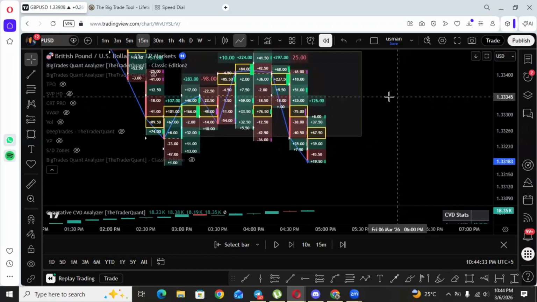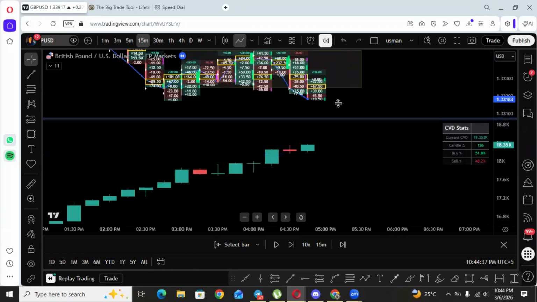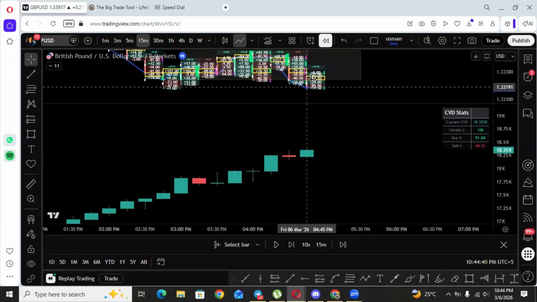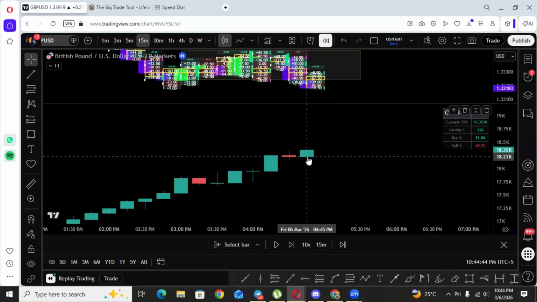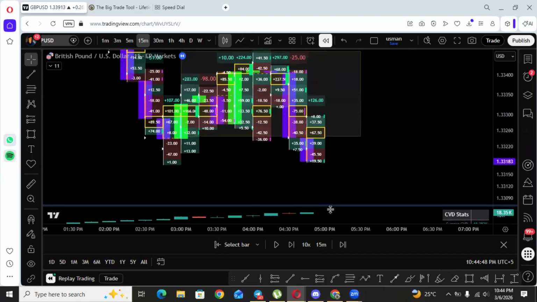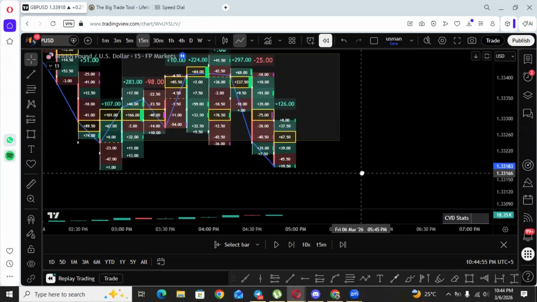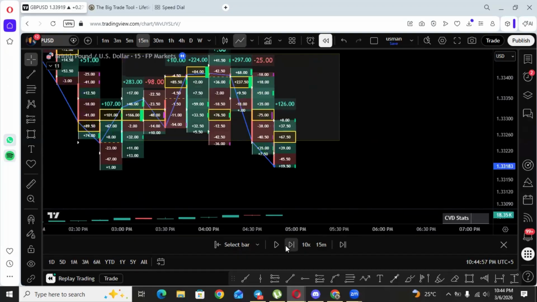Let's see if we got any confirmation to enter. From here, we are getting confirmation that in this sell candle, we have buying aggression from the institution. But let's wait for the order flow to give us some sign to enter into the bullish direction. So let's play the chart.